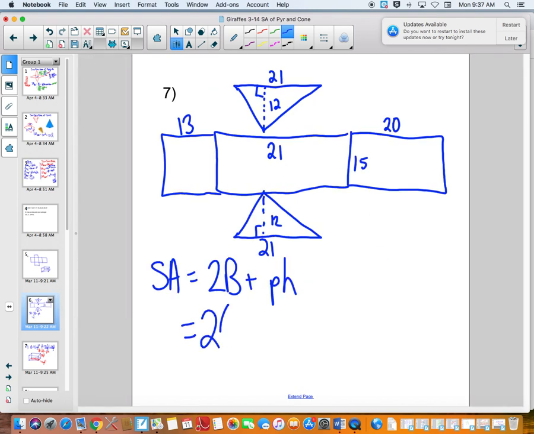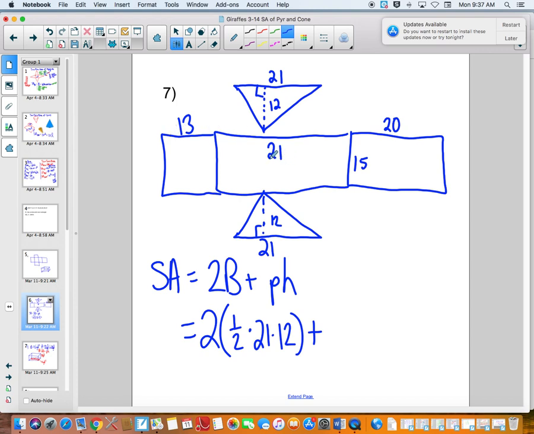The base has an area of 1/2 times 21 times 12. The perimeter of the base is 21 plus 20 plus 13.